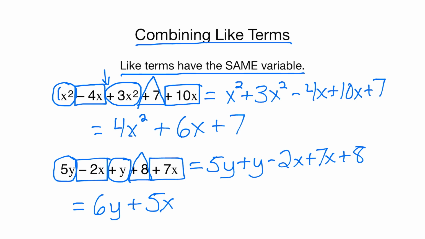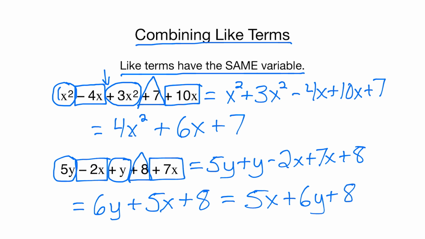plus 8. Often, in mathematics, we write the variables in alphabetical order. That's not necessary, but it is considered good form. So I'm going to switch and put the 5x plus 6y plus 8.